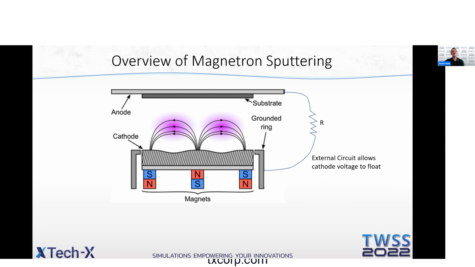In our simulation, actually, the anode will be this right boundary also. And the external circuit connects the cathode and the anode, separated by this resistance R. So we can get feedback from the plasma itself, which will modify and allow the cathode voltage to float.